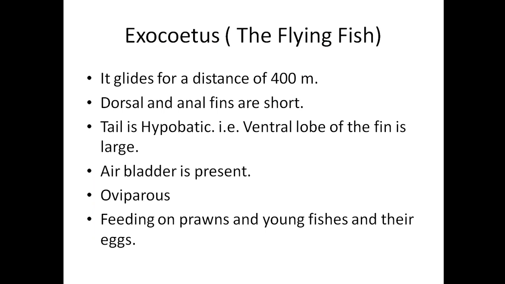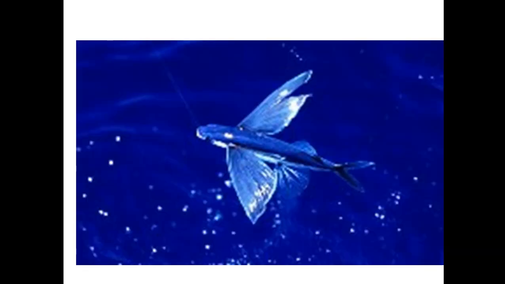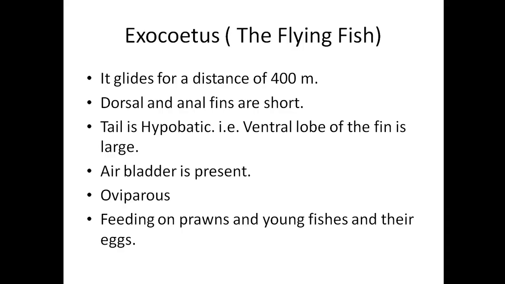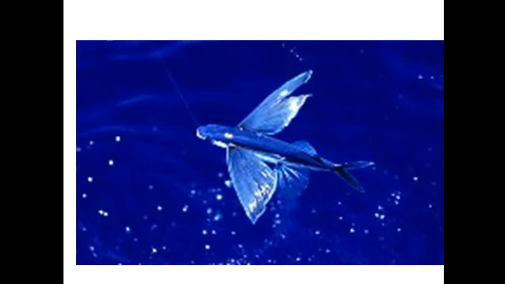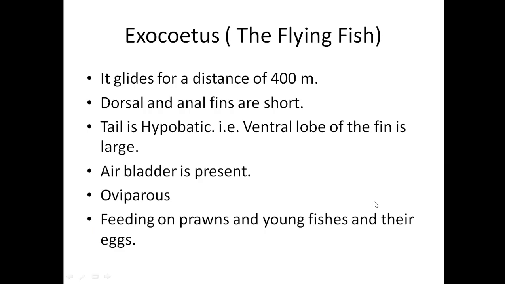It can glide a distance of even up to 400 meters. Pectoral fins are enormously enlarged, but dorsal and anal fins are short. The tail is a hypobatic tail, a condition where the ventral lobe of the fin is large and the dorsal lobe is small.